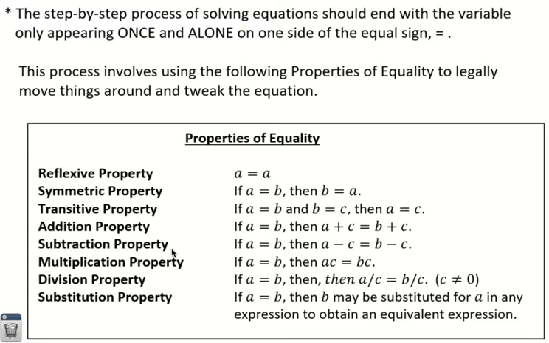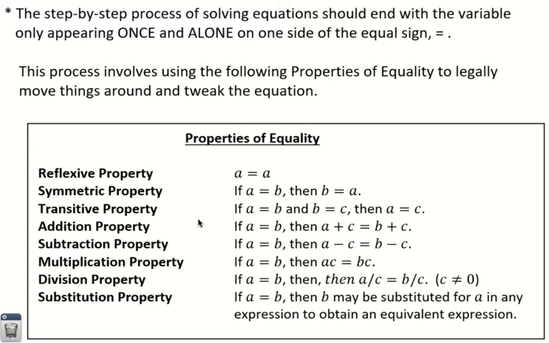It's the subtraction property of equality, okay? It says you're allowed to subtract c from both sides of things that are already equal, already balanced. If two things are equal, you can subtract the same quantity from each side and they would still be equal.